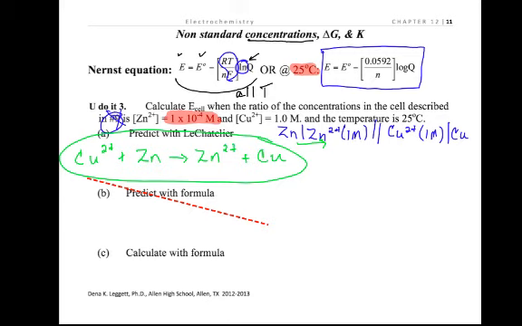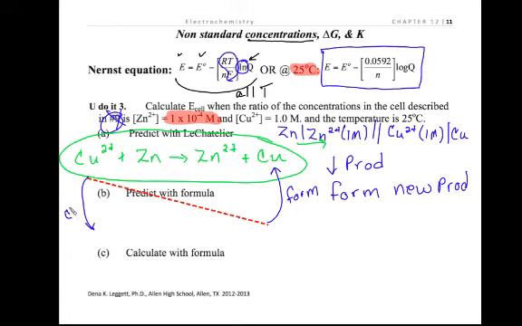The question is, what do we need to restore the equilibrium? Well, if you decrease product, you have to form new product to compensate or to replenish that. So we're going to have to form new product. Well, the only way to form product is to consume reactant.